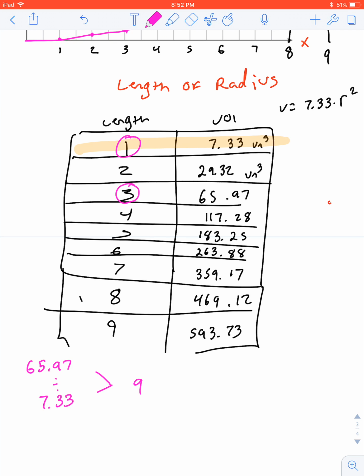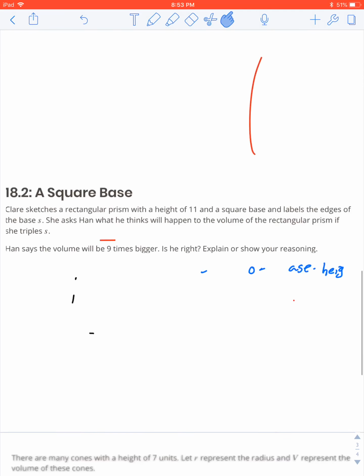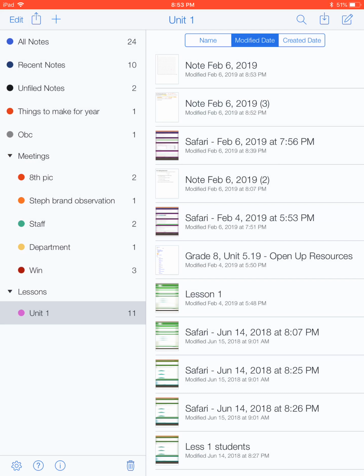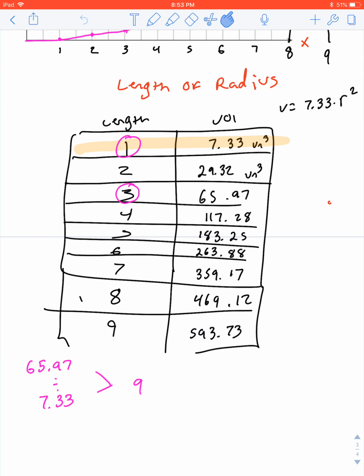You should have gotten an answer of 9, which means that if we triple our length, the same thing that happened on the square base, when you triple your radius, you are actually going 9 times the amount on your volume.